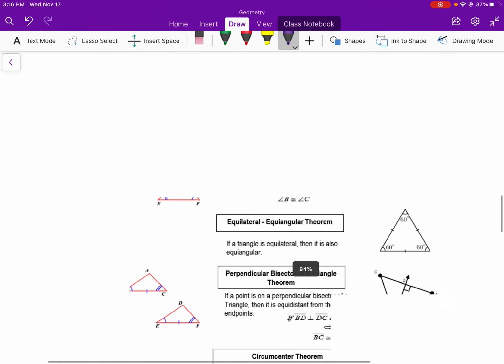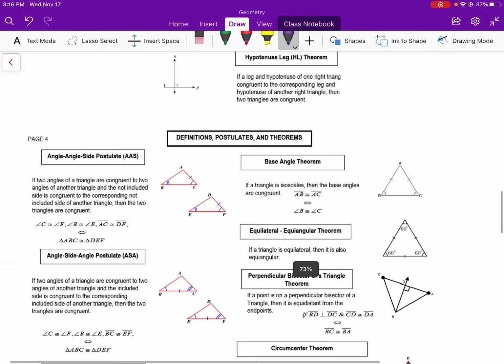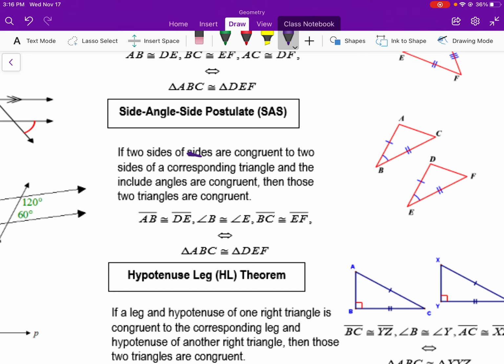And so the formal name for that, because just to show that these are all listed on your sheet too. It's just a matter of, it's like an Easter egg hunt. There it is. Side angle side postulate, right? That's telling me that if two sides of a triangle are congruent to two sides of a corresponding triangle, and the included angles are congruent, then the triangles are congruent.